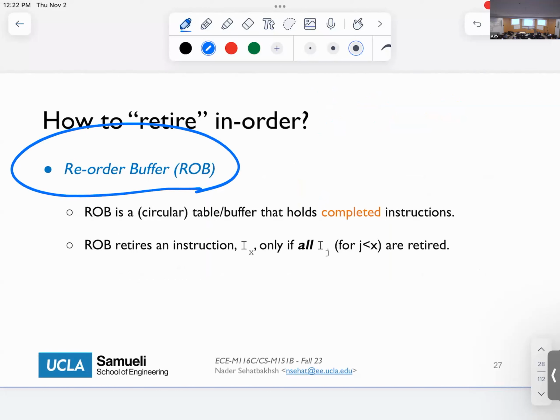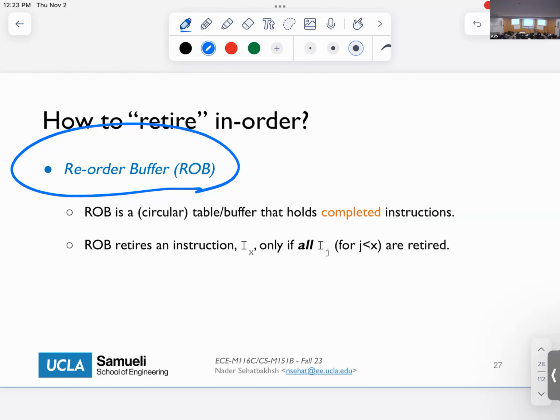So the trick is that instead of writing directly to the register file, memory and PC, I write to this ROB, which holds temporary data. Then when I'm absolutely certain that this needs to be written to permanent storage, I write from the ROB to those storage units, okay? That's the difference between complete and retire. Complete happens when you write to your ROB. Retire happens when you write from your ROB back into the storage units, okay?